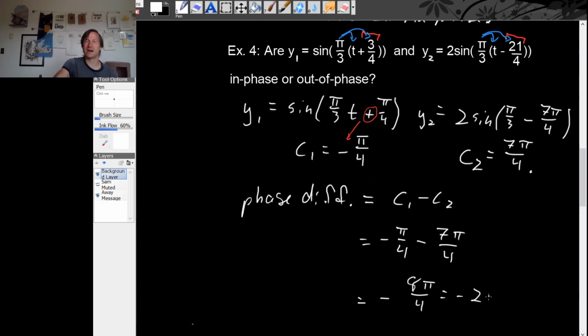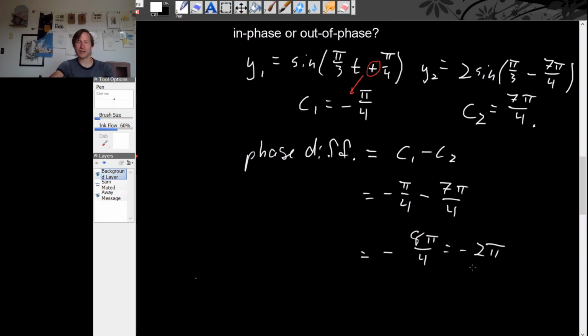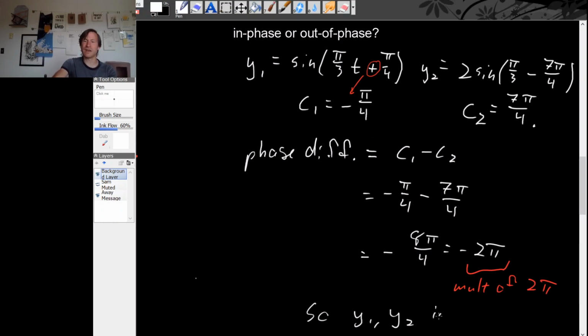That's minus 2 pi. So we see that the phase difference here is a multiple of 2 pi. So y1 and y2 are in phase. If we graphed y1 and y2, their peaks and their troughs would coincide.